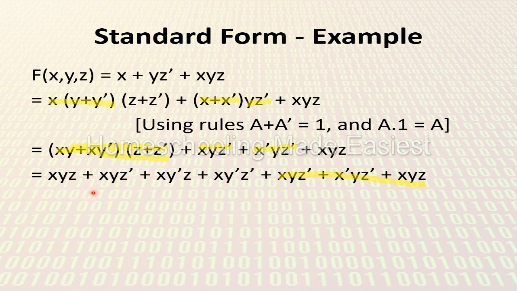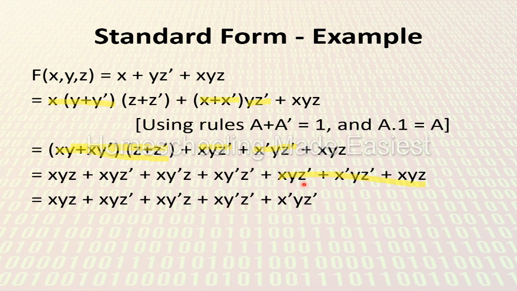So we copy xyz, and then xyz prime, which is not the same as this. The next term is xy prime z, so we copy that one. Xy prime z prime, we copy it, and it doesn't have any duplicate here.